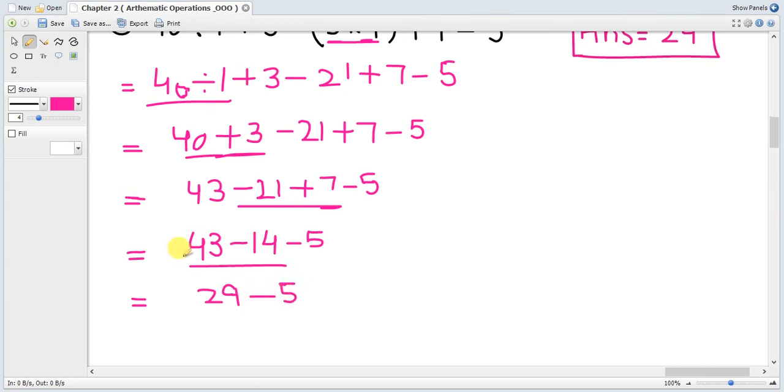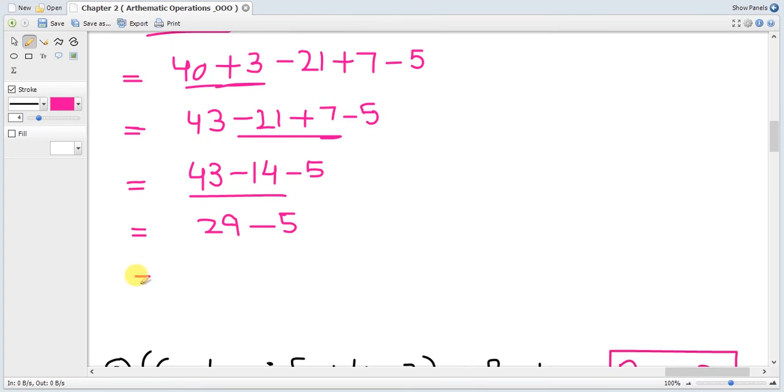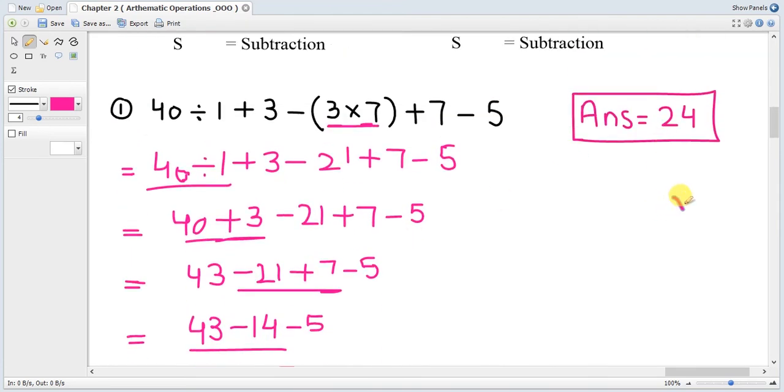So 29 minus 5, and our answer becomes 24. Now let's verify whether our answer is right or not. Yes, our answer is right because the answer given in the question is also 24.